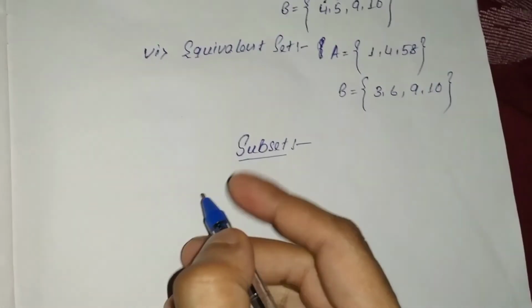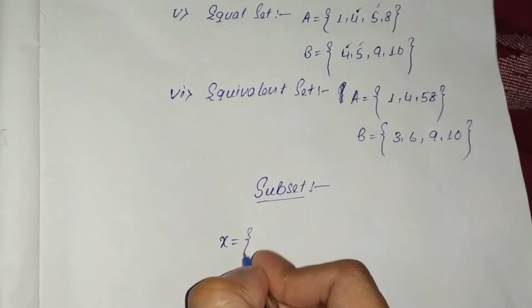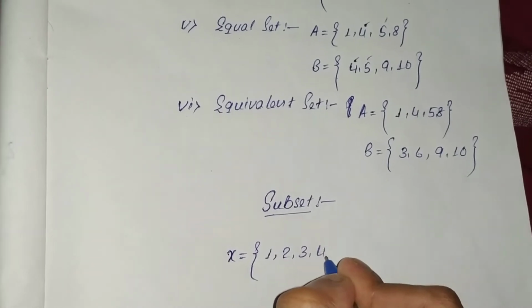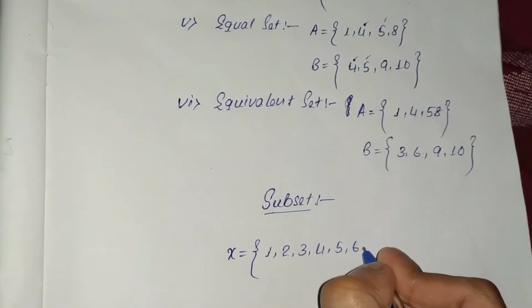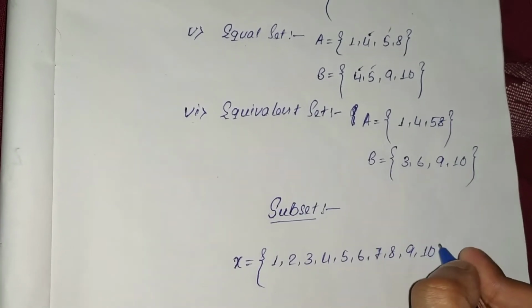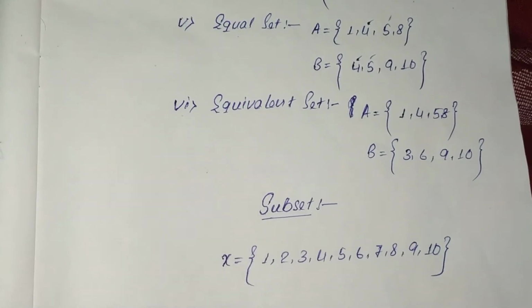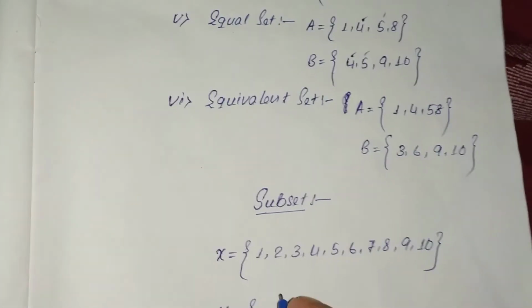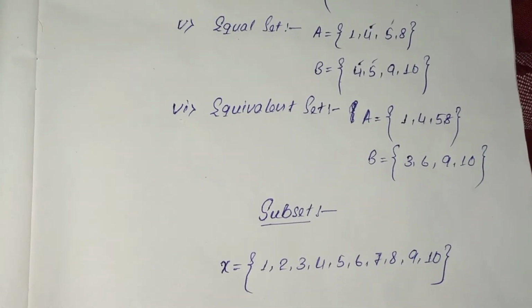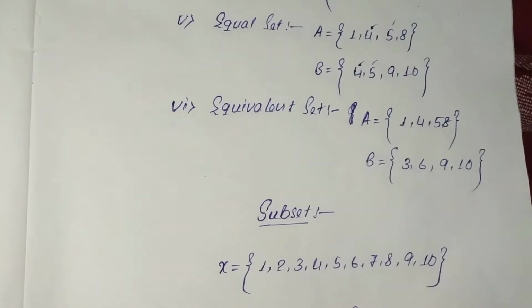We take an example set X, whose elements are 1, 2, 3, 4, 5, 6, 7, 8, 9, 10. Okay, and Y is equal to 2, 4, 5, 10. Okay.